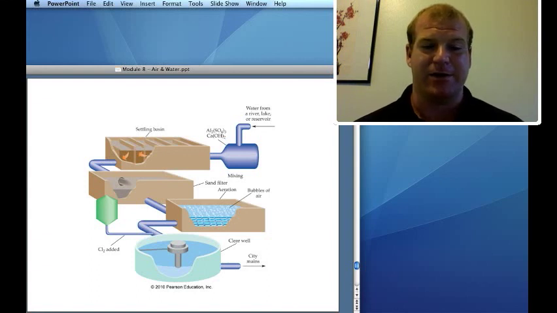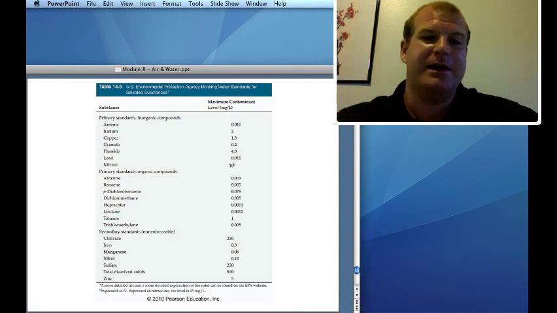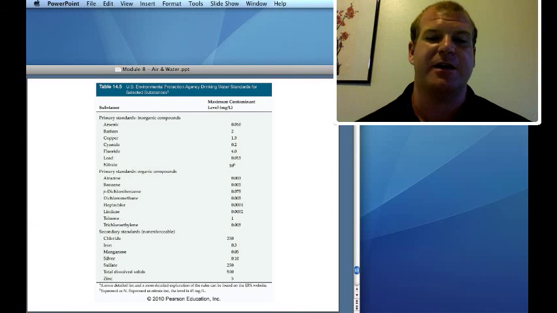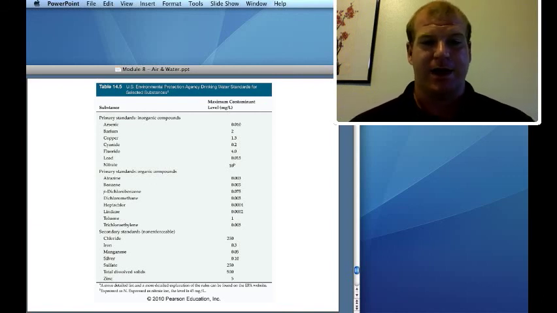Then chlorine or other things are added to disinfect it, and then it is sent on to the different homes. The EPA sets standards for how many toxins we can have in the water, and here are the standards for the different pollutants that are allowed in water.